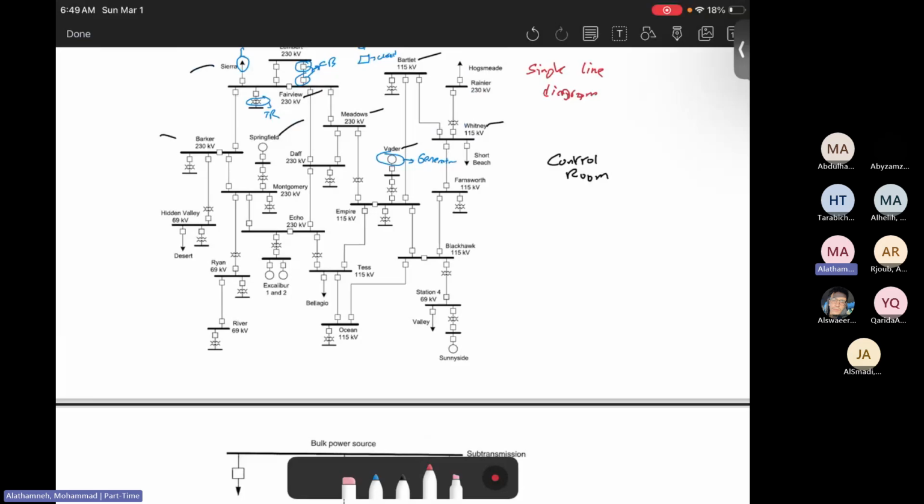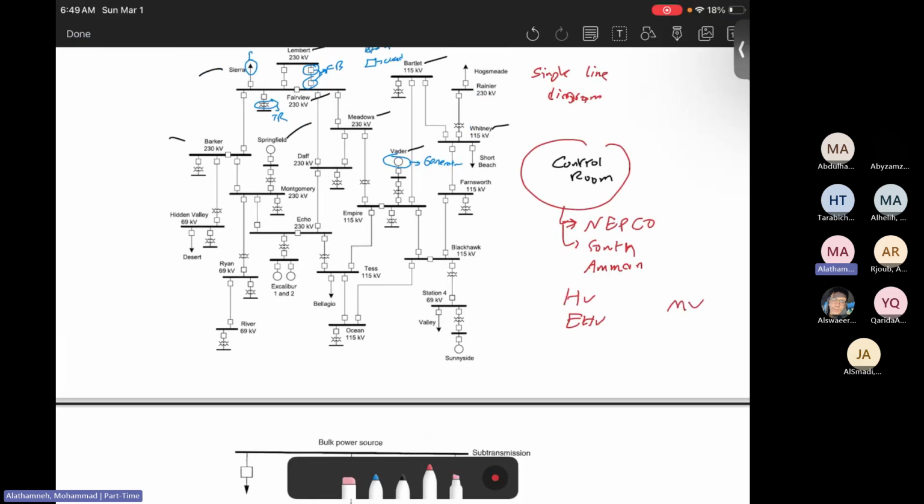However, if we are talking about medium voltage, there is another control room owned by JEPCO, the Jordanian Electrical Power Company. I think it's on Mecca Street. So this is another control room.